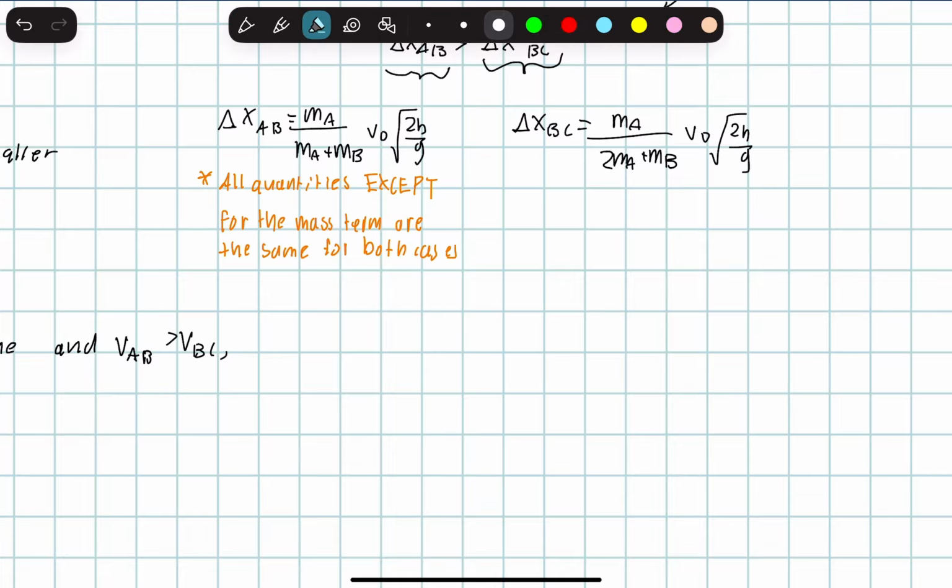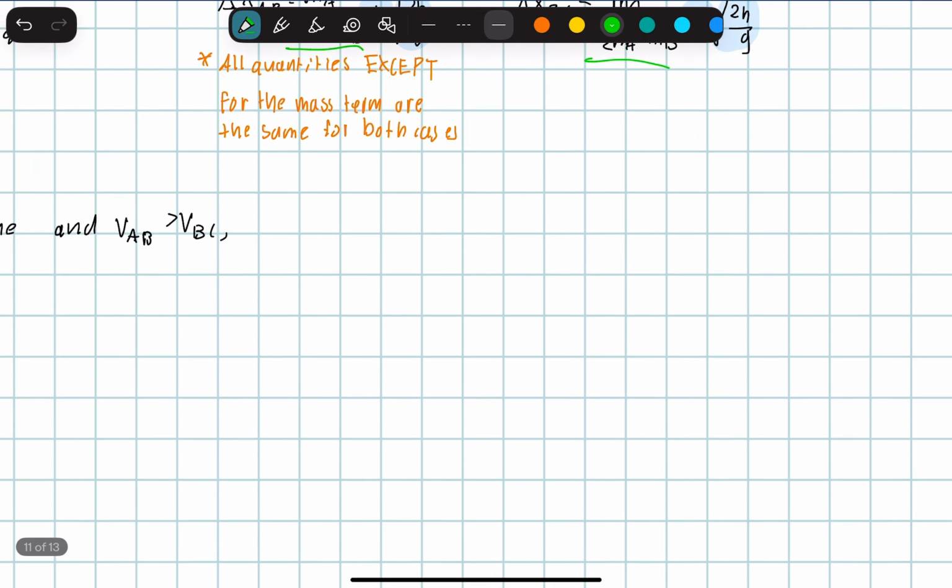They both have 2H over G, and they also have V initial. So we only have to look at the fractions, because these are the only things that are different. MA over MA plus MB versus MA over 2MA plus MB.